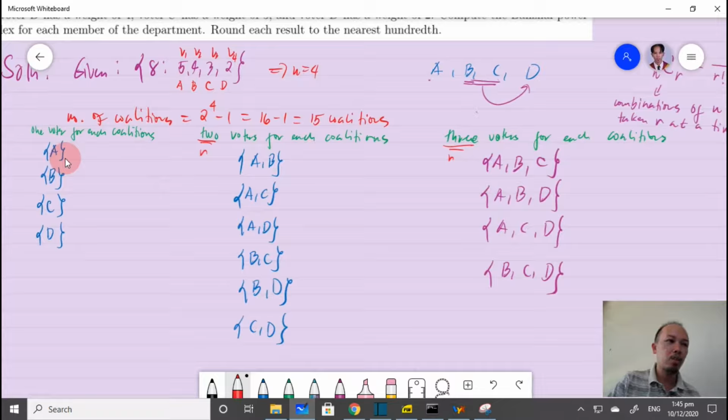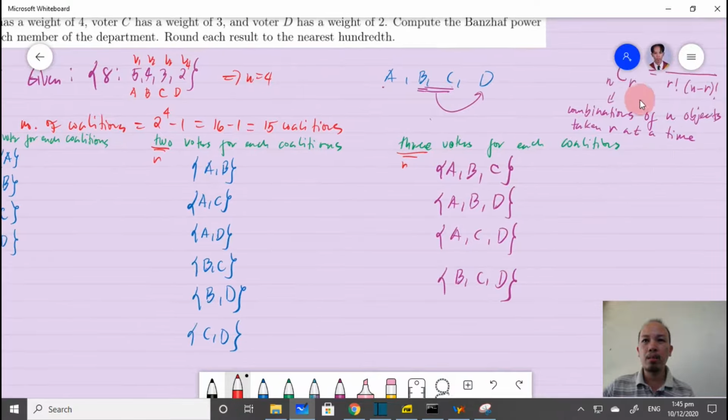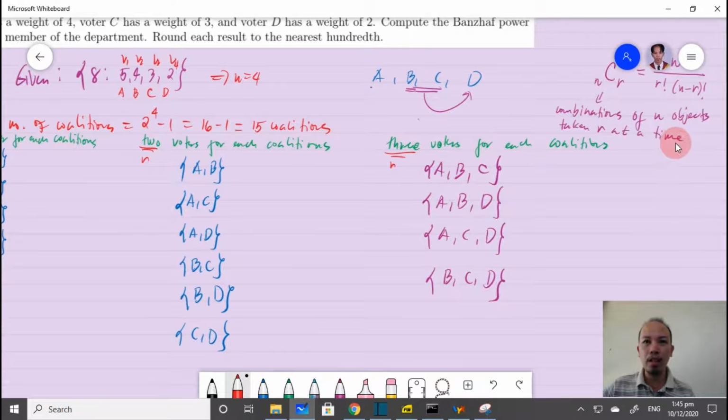That's what we mean by this symbol, combinations. And we are left with only 1 here, which is 4 objects taken 4 at a time.